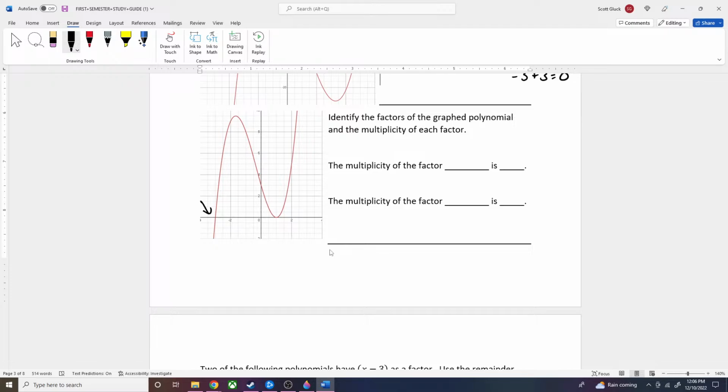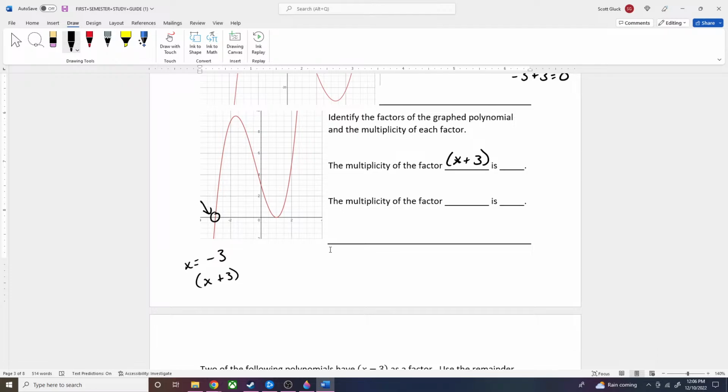So our first factor right here, right? We have 0, -2. Notice that these thicker lines here are every 2 units, which means that this is going to be -3. So this 0 right here sits at -3. So if x equals -3 is a 0, we just talked about this, right? X minus -3 is going to be its factor. And that's exactly what we would write right here, x plus 3.